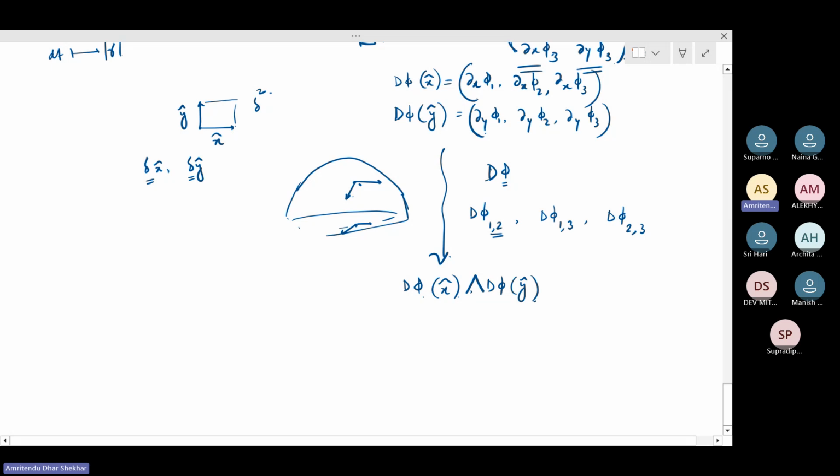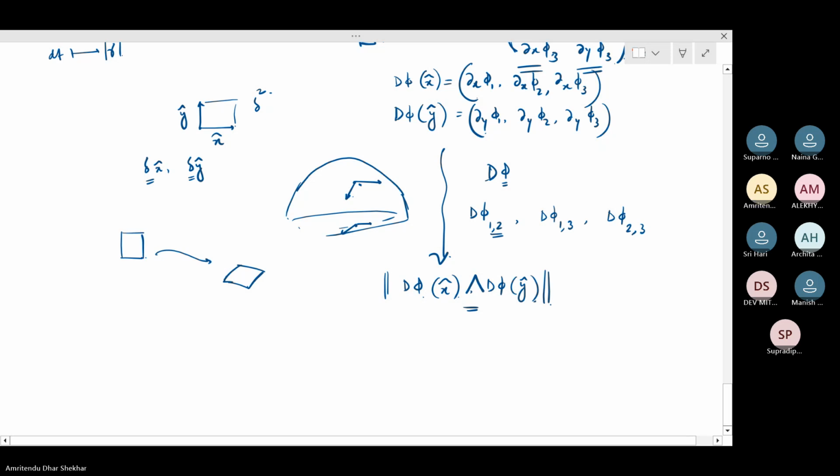Then you're taking a norm of this wedge product. The norm of this wedge product is essentially the area of a parallelepiped. Okay. So you had a small rectangle over here, which got mapped to a small area element over here.